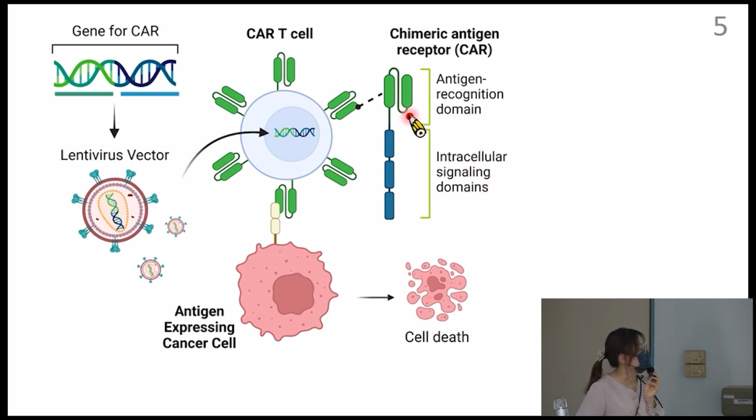So when the receptor binds to the tumor cell like this, the T cell will activate. And not only cytotoxicity in the CD8 T cell, but they will also secrete some cytokines such as interferon gamma. It can also impair the tumor cell and let the tumor cell go to cell death.